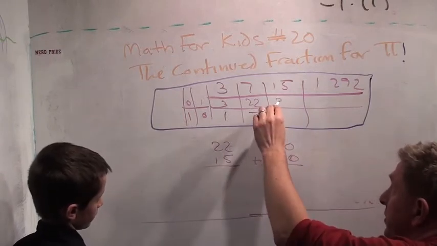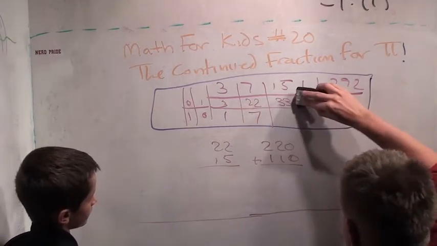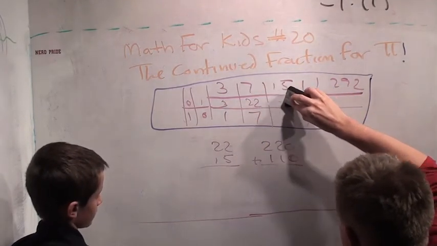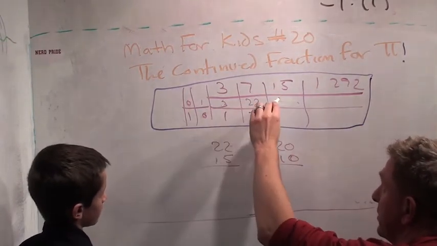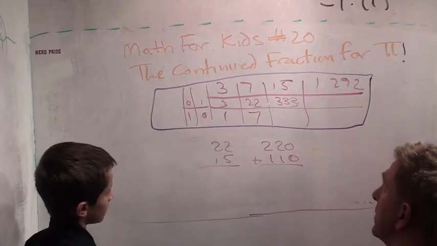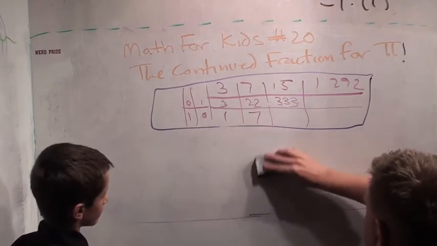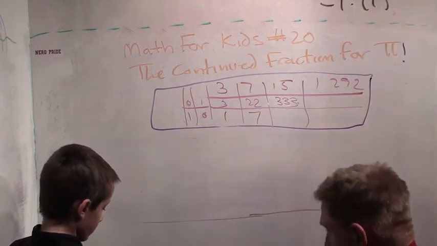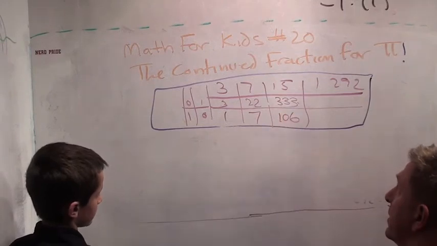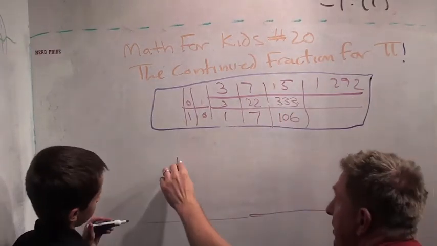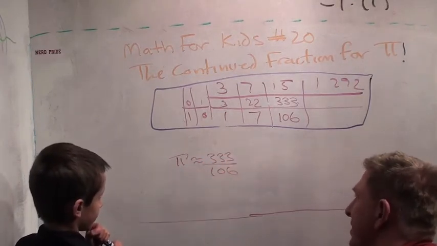Which is 330. 330 plus 3 is 333, divided by 15 times 7 plus 1. That's 106. Exactly right. So pi is about equal to 333 over 106. Well, that's interesting.